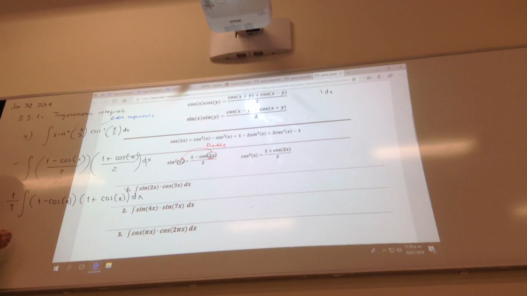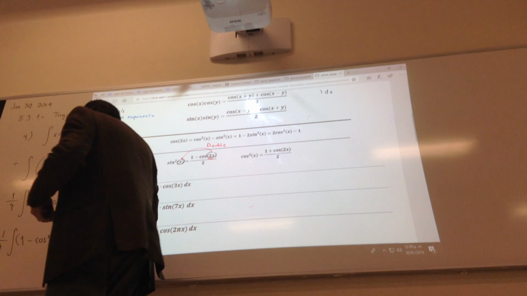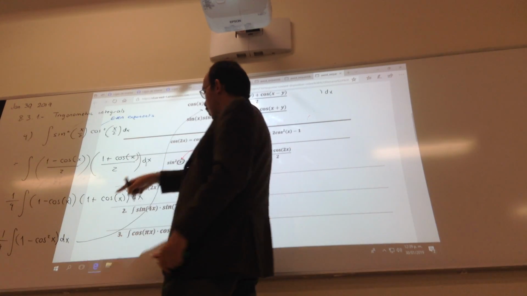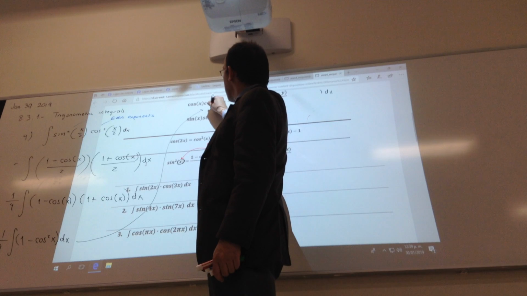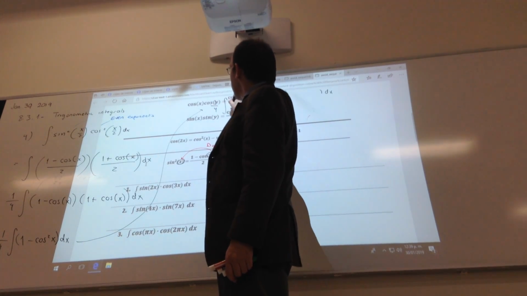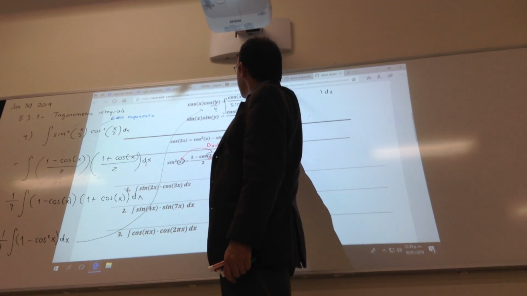Very good. 1 minus cosine square of x dx. Exactly. 1 minus cosine square, so it will be 1/4 integral of sine square of x dx.